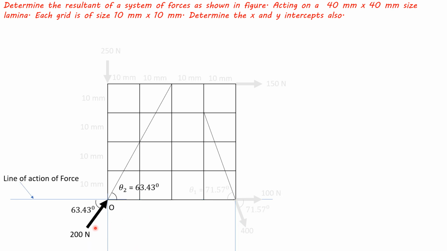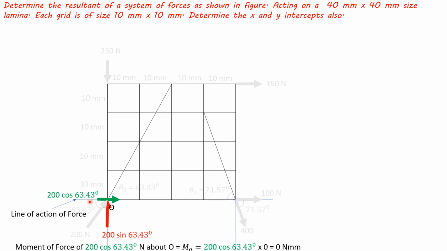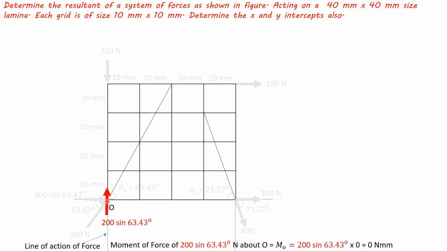Now as this force is passing through point O only, it will have 0 moment about point O, and its components will also pass through point O. So moment of this force about point O will be equal to 0. So both forces are passing through point O, and they will have line of action of force like this, and they will pass through point O like this.